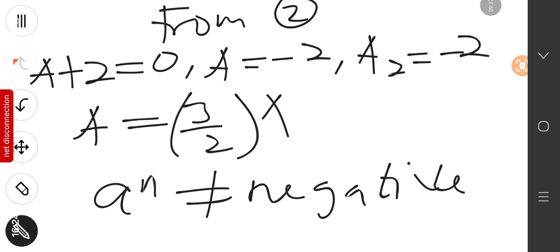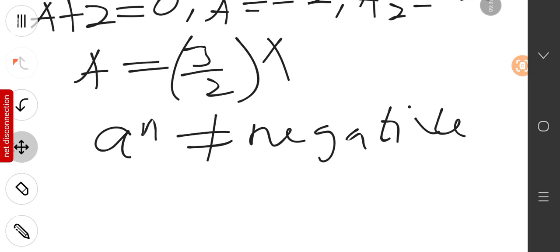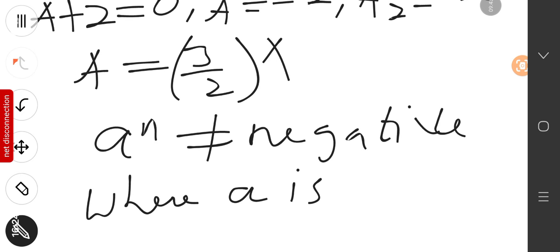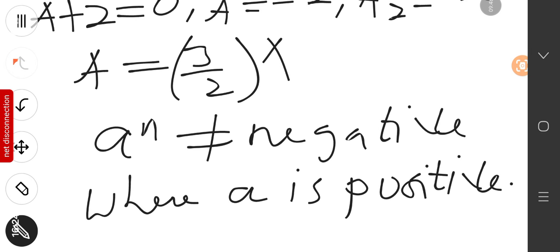where a is positive. So a^n is not negative in a situation where the base a is positive.